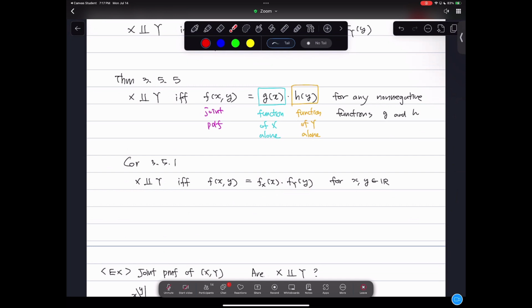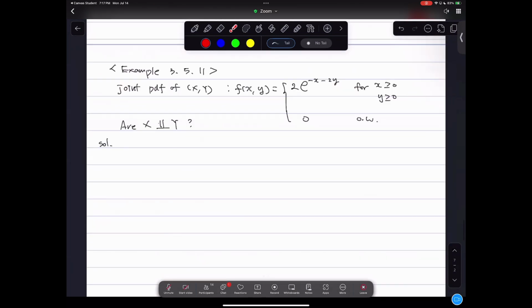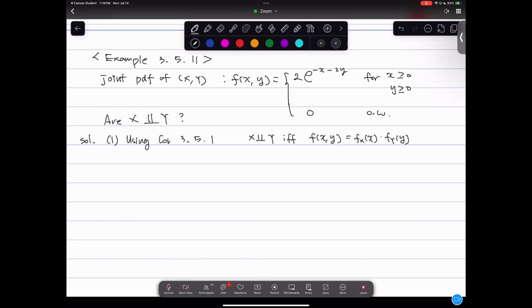Let's get number one using the corollary, 3.5.1, showing that X and Y are independent. That is only if the joint is equal to the product of the marginals.